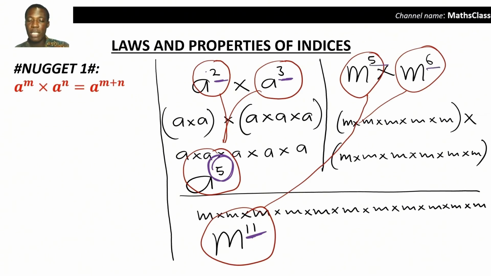When you add 5 to 6, does it give 11? So is it an addition? Okay, so that is, if you have exponential numbers of the same base, and we multiply them, the exponents will add up.